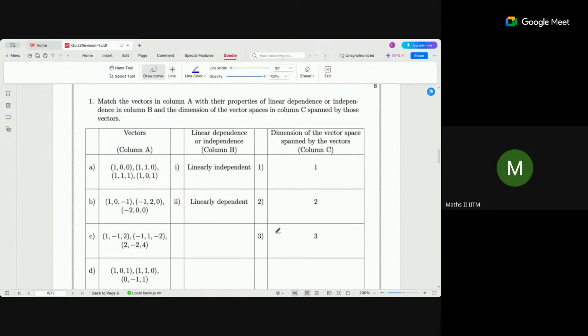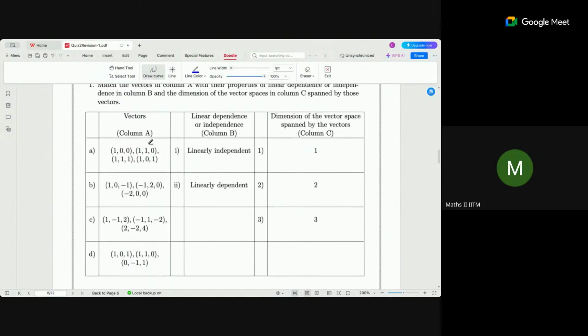So now you are having this problem. You are having a set of vectors here. Now you want to see first of all whether they are linearly independent or dependent. Just by looking at this, in which space do they belong? R3. And how many vectors are there? 4 vectors. So if 4 vectors are there in R3, can you tell the answer straight away?